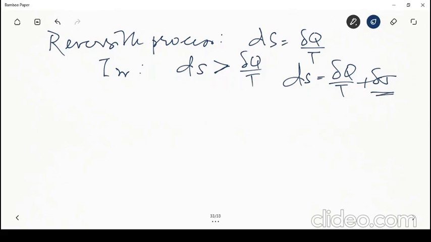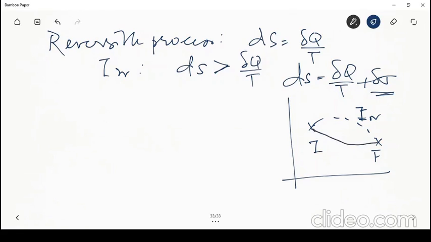But one thing that we are aware of is that in any process between an initial state I and a final state F, if I have an irreversible path, the same two states can also be connected through a reversible path.